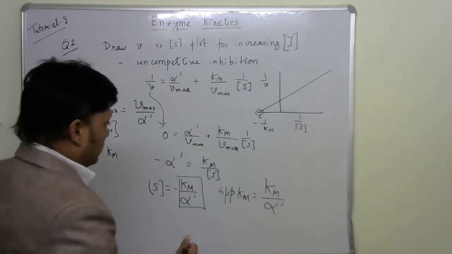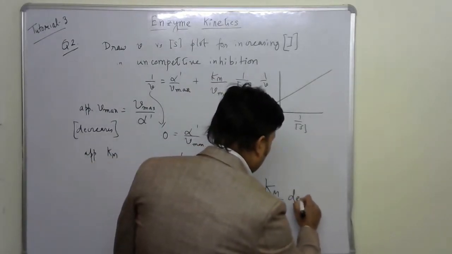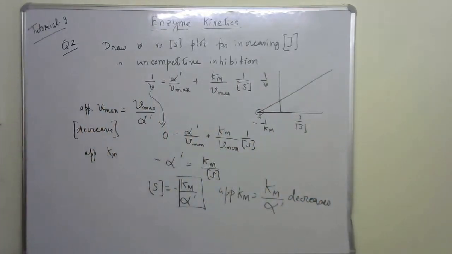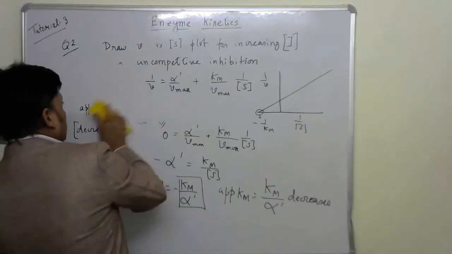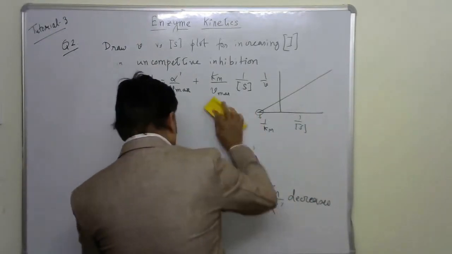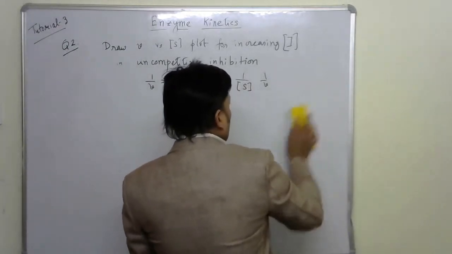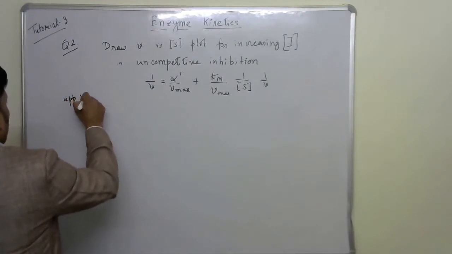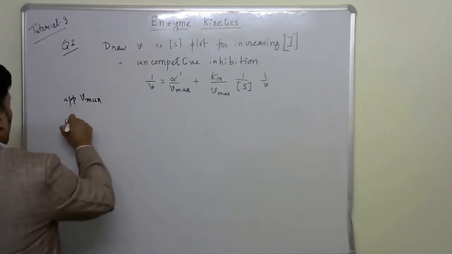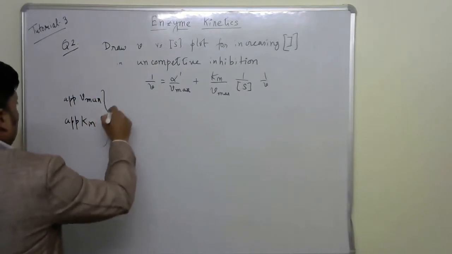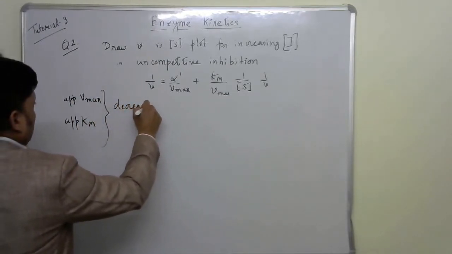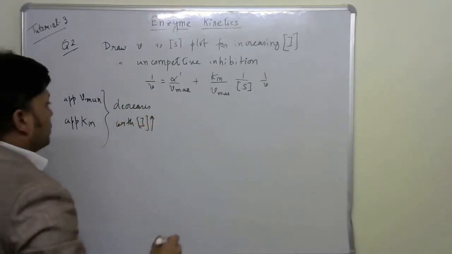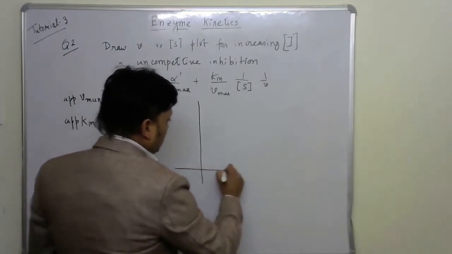So we can write that the apparent Km value decreases with increasing I. So finally, we arrive at the conclusion that for an uncompetitive inhibition, both apparent Vmax and apparent Km decrease with increasing I. So now we have to draw the velocity versus S plot.